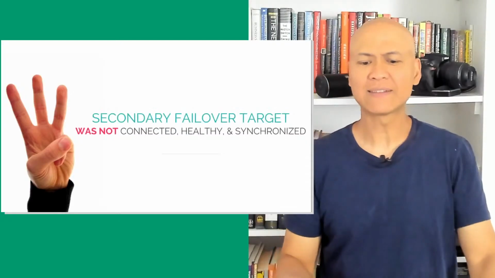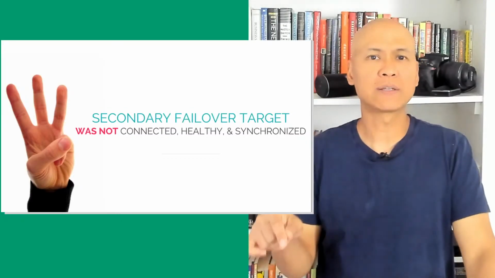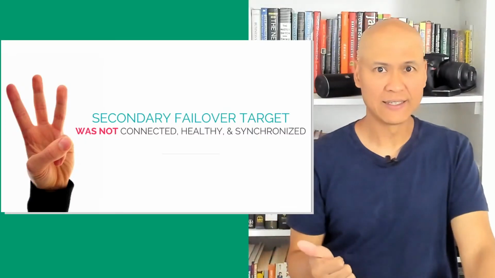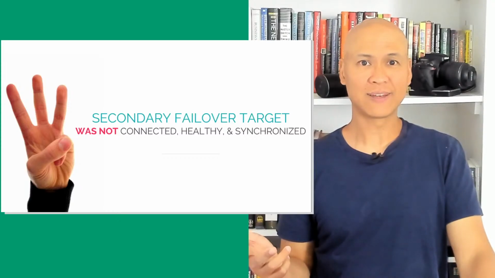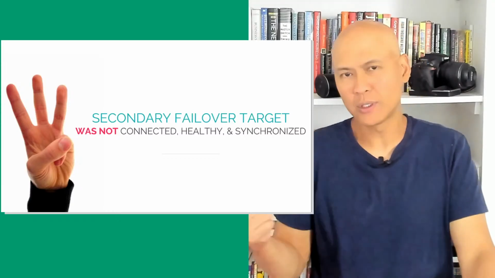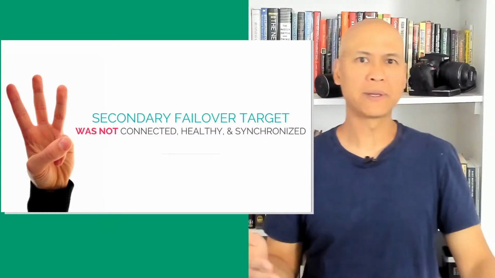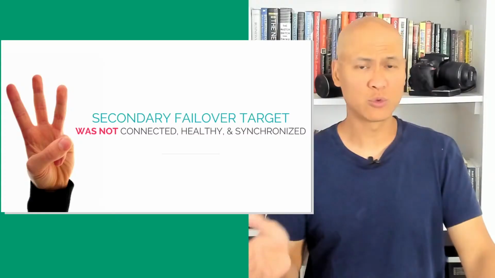And number three is that the secondary failover target, so this is the secondary replica that you assigned to be the failover target, was not connected, was not healthy, and was not synchronized. Okay? It's not connected. Well, somebody implemented a firewall rule that blocked 5022 on the secondary.